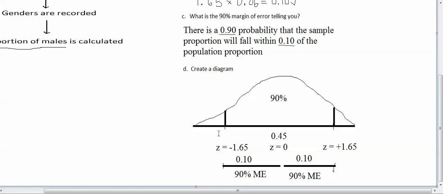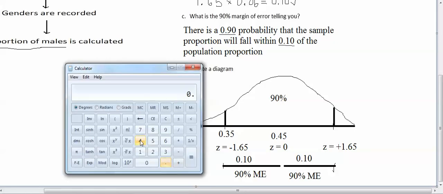That's this number down here. 0.45 plus 0.10 is 0.55.